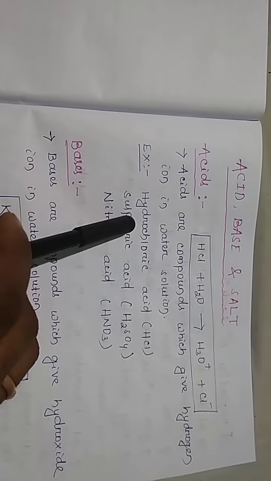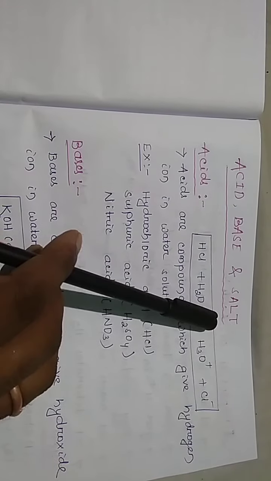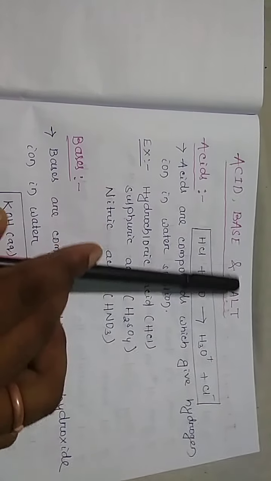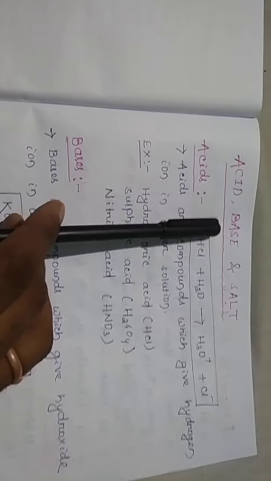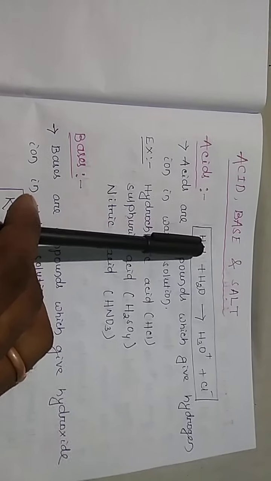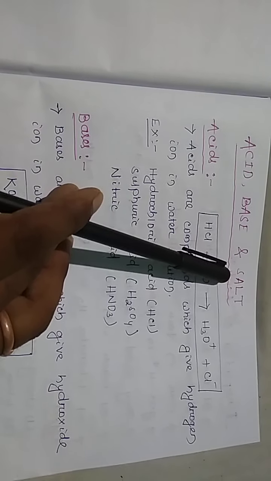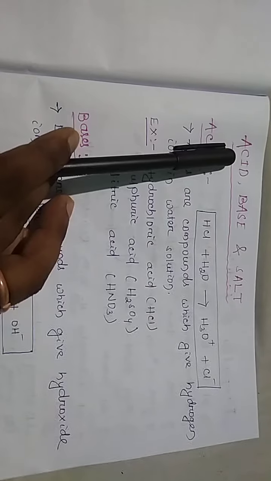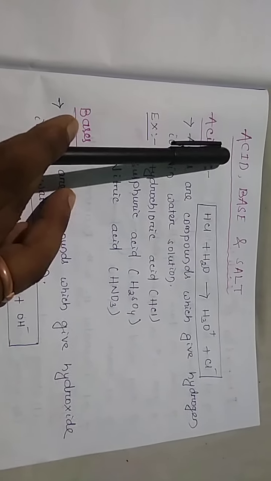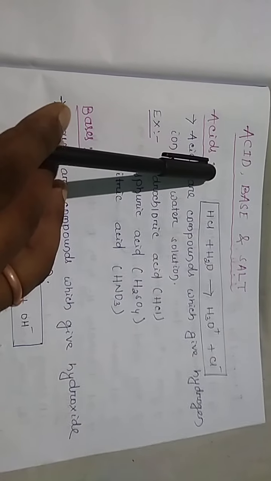So today's topic is acid, base, and salt, and this topic is for class 10 science. Okay, chapter number 2. In this topic, we have to discuss the most basic terms, that is acid, base, and salt, and we have to understand what actually these terms are. What is acid, what are the properties of acid, and the types of acid, what is strong acid, what is weak acid, like that.